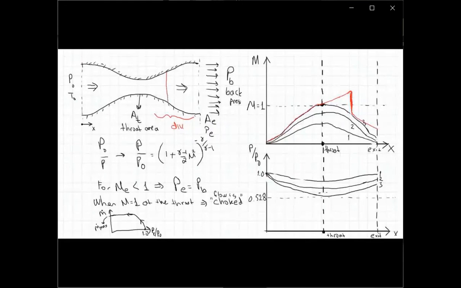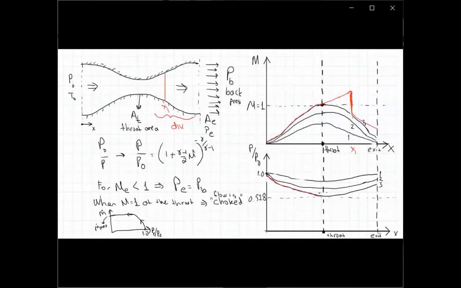Let's say we will have a shock wave, and let's say this is at location x1. In terms of pressure, the pressure distribution upstream of the throat again will not change, so I will follow the same line to the best of my ability.